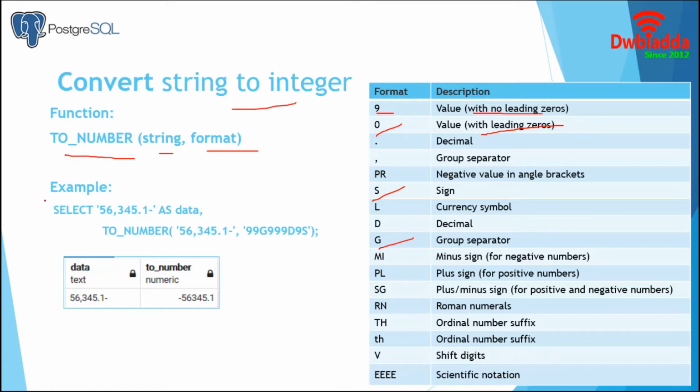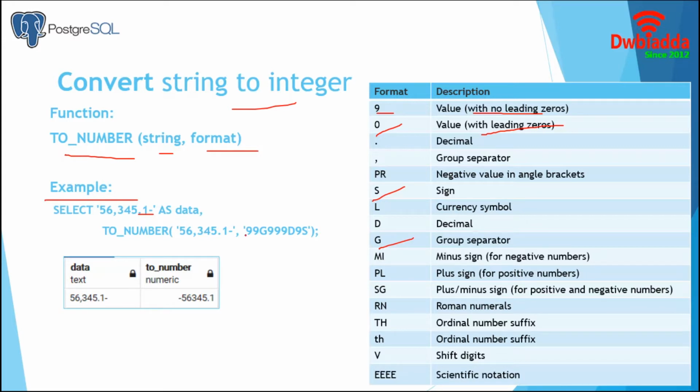Let's consider this example. This string contains values, a group separator, a decimal point, and a negative sign. We have to introduce this specific string format to the to_number function so that it can convert this string into the equivalent number.